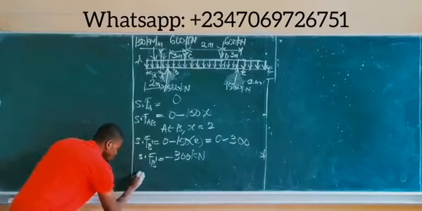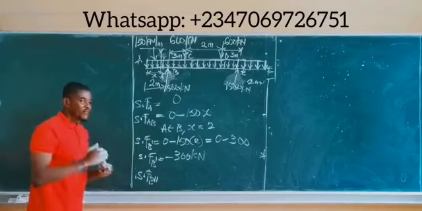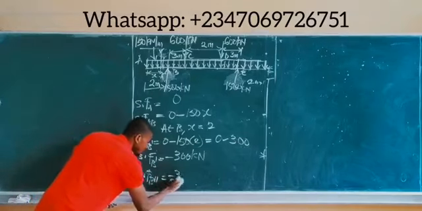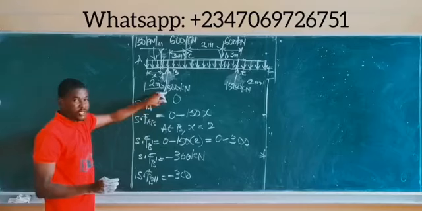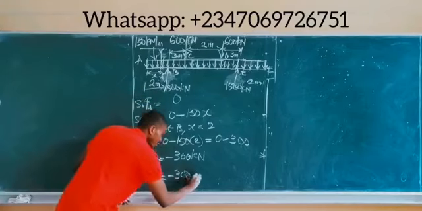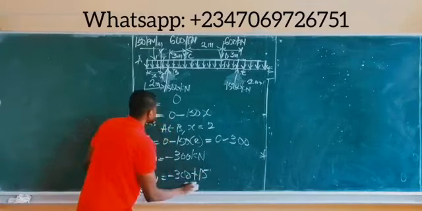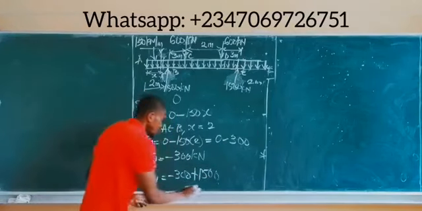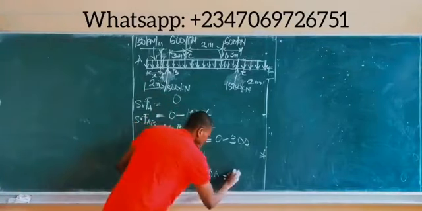Therefore, finally at point B, we represent that with shear force B double prime. This force of minus 300 kilonewtons now encounters an upward force of 1500 kilonewtons. Since it's upward, it's going to be positive, so we simply have plus 1500 kilonewtons. Alright, so this will actually give us 1200 kilonewtons.